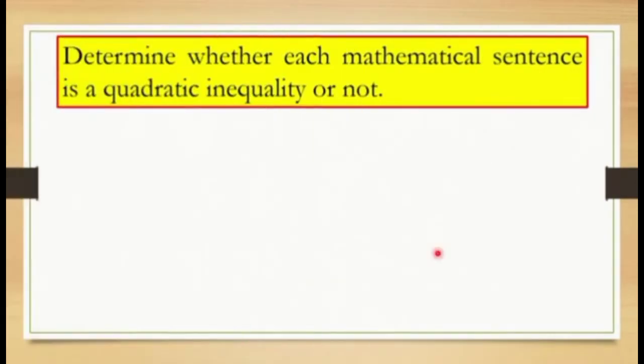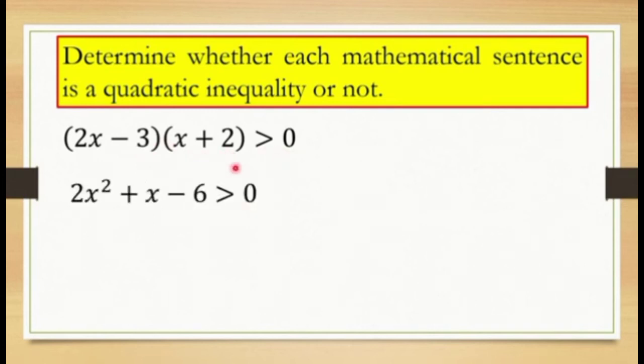Okay, determine whether each mathematical sentence is a quadratic inequality or not. Kapag binigyan kayo ng ganitong given, of course, you have to simplify first. So, kailangan isolve mo muna ito. So, I have here 2x minus 3 and x plus 2 is greater than 0. So, we have to solve first.